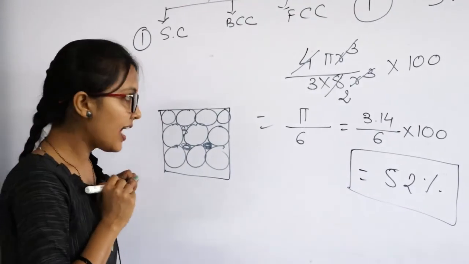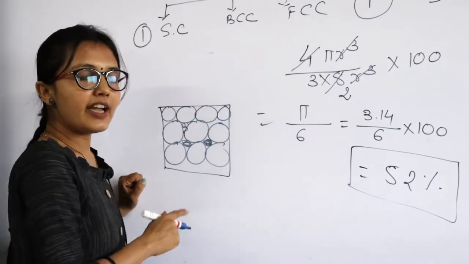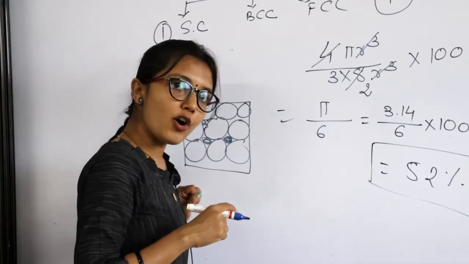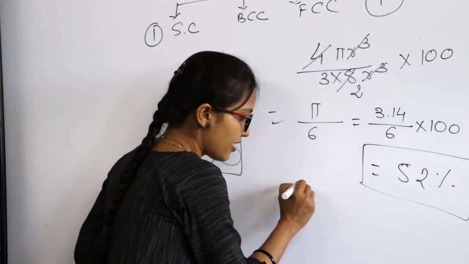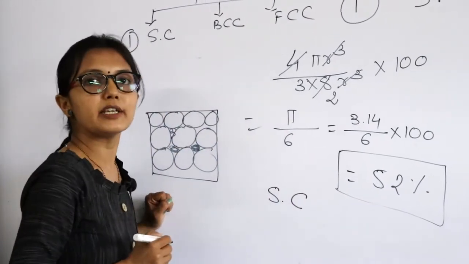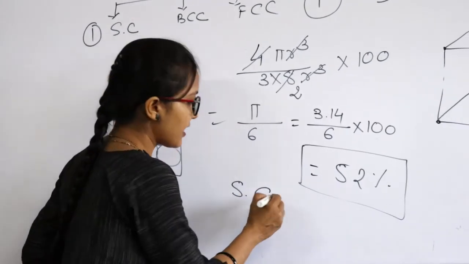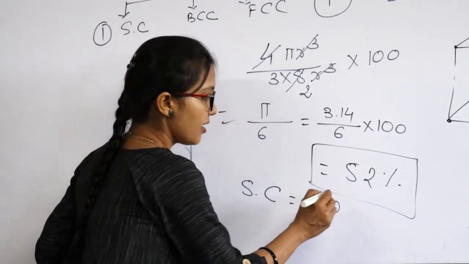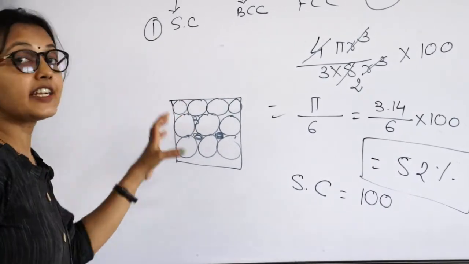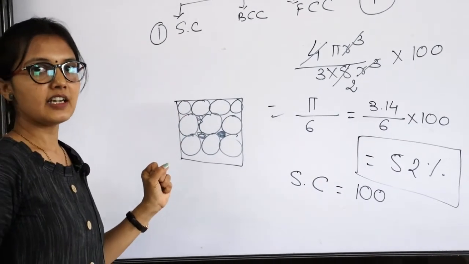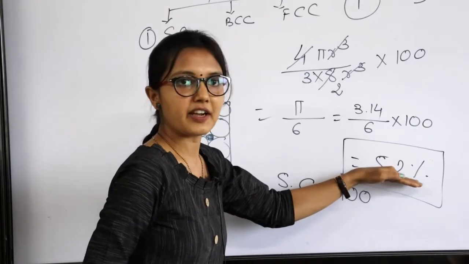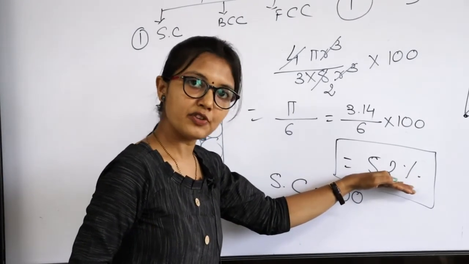Clear? And second thing is, when calculating voids, for simple cubic or simple close packing, the total is 100%. We already found packing efficiency is 52.